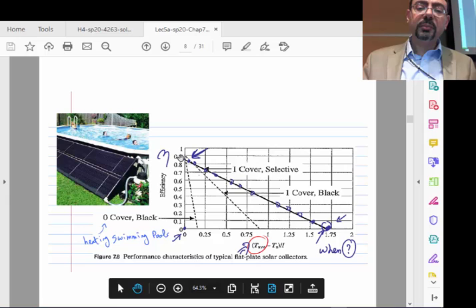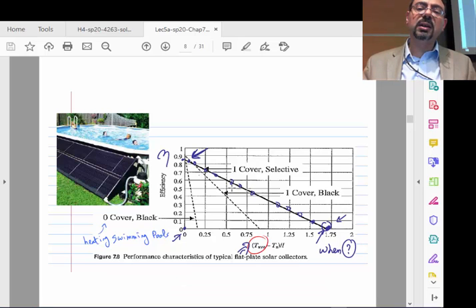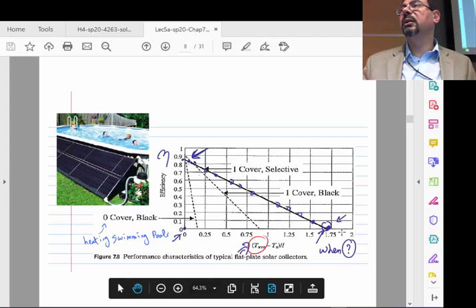Alright? And we finished by saying that the curve will get higher if you start adding more and more glass covers, right? And especially if the collector is made of selective material that absorbs and does not radiate. So then the curve will become really that high.